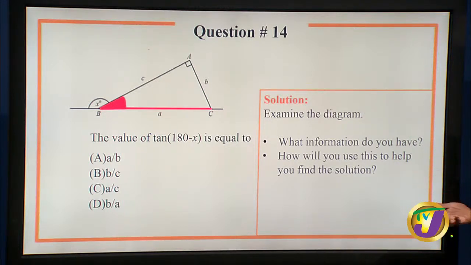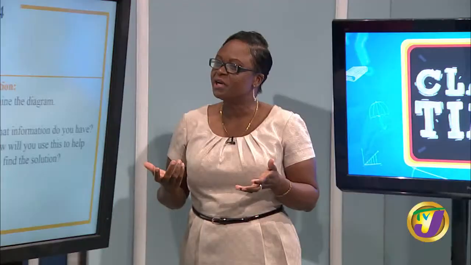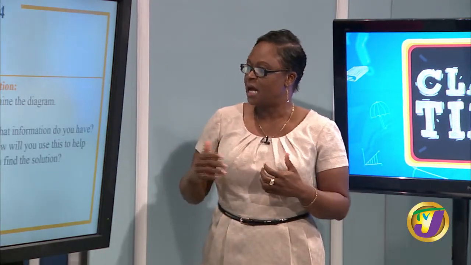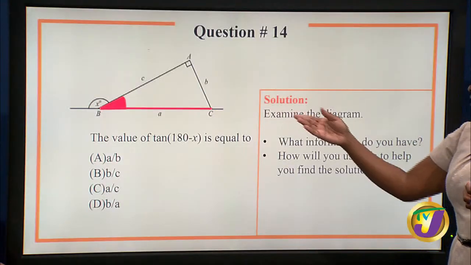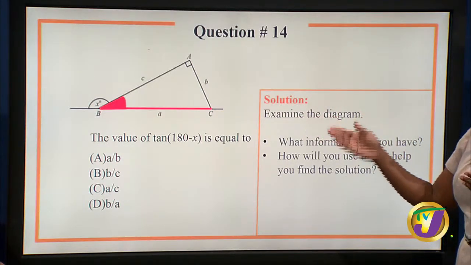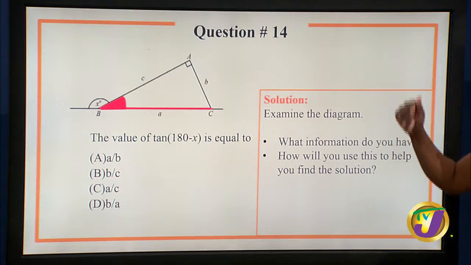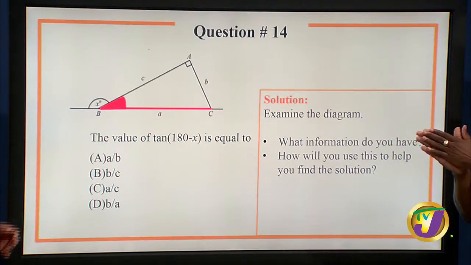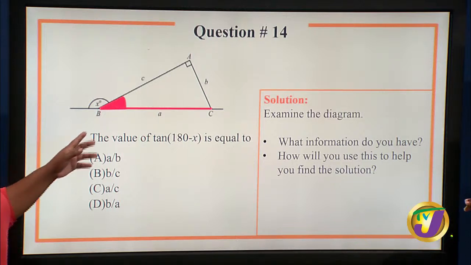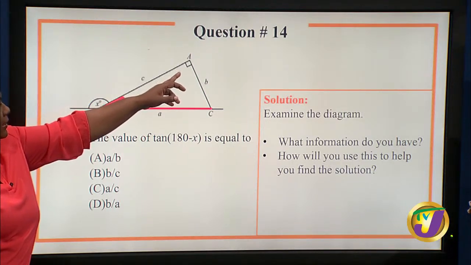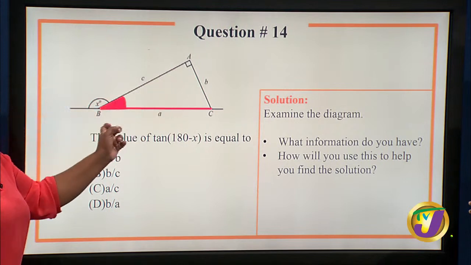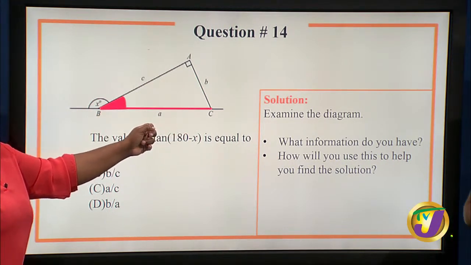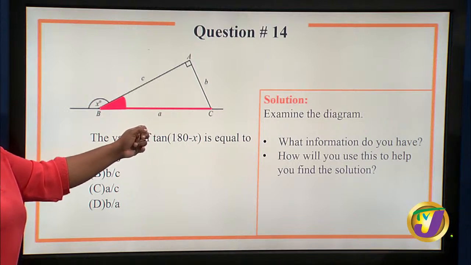We can speak about the trig ratio. If we know that that is the angle of focus, then what would be represented at BC? What would be at AC? What would be at AB, as it relates to the angle of focus? The right angle is right there. It means therefore that BC is the hypotenuse being formed right here.